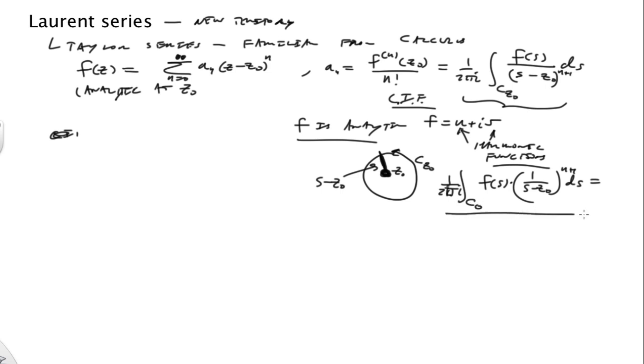So we keep using this idea of averaging the function at a distance to get a value nearby, but we never actually have to evaluate the function at the point. We're taking an average of the function at points far away from z naught, and that allows us to not worry about whether the function itself exists there.